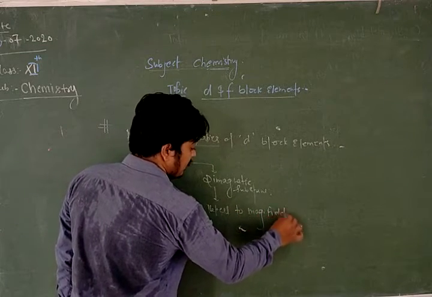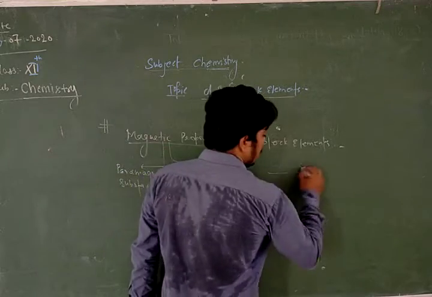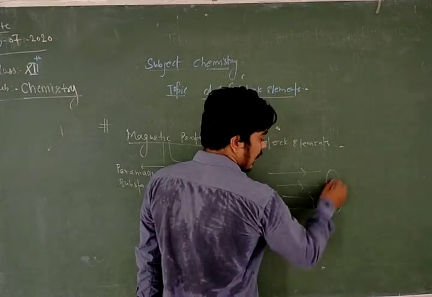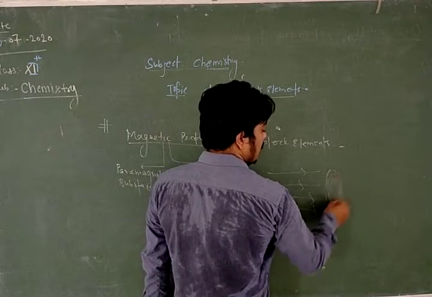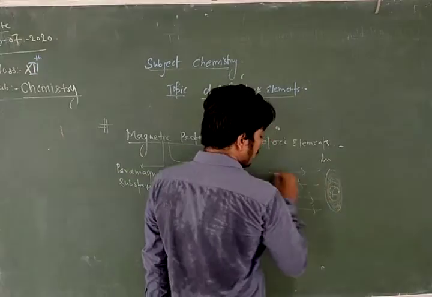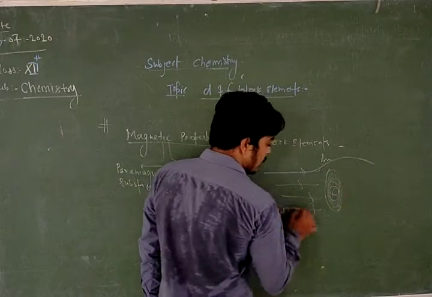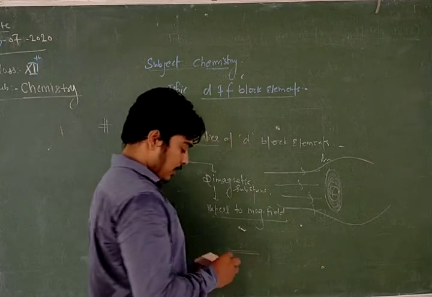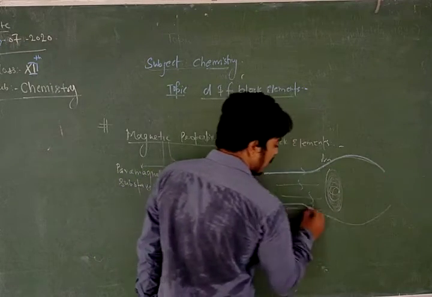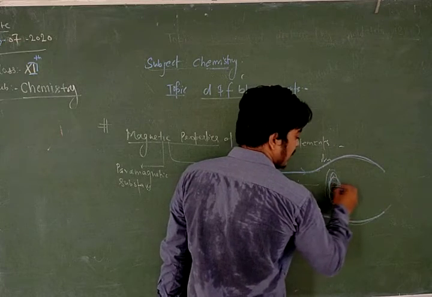Magnetic field means if there is a magnetic field going on, you place some diamagnetic substance in front of it, this field will be repelled. This is the basic idea, these fields will be repelled, it is a diamagnetic substance.